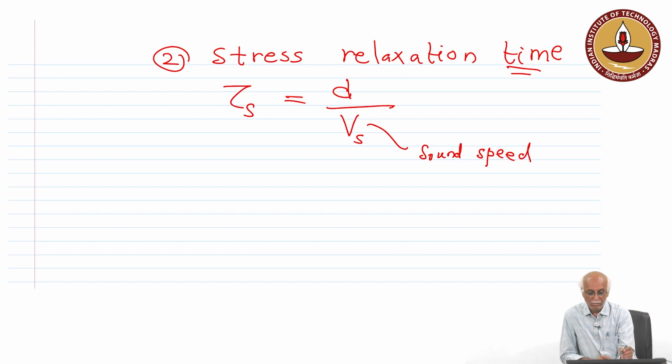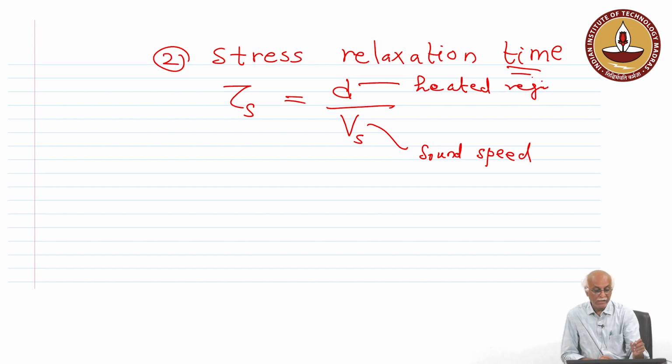Here d is the heated region. And this tau s will generally be of microsecond order or sub-microsecond order.